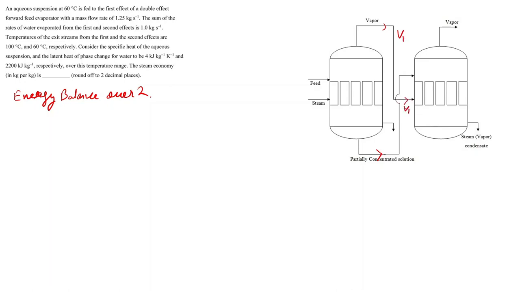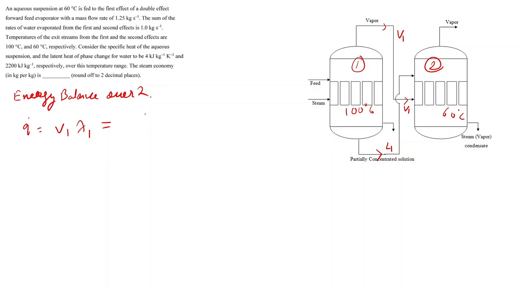Okay, so we can write Q is equal to V1 into lambda 1 is equal to, now the feed rate will be at the outlet of this first evaporator, and that will be L1. The temperature over here was 100 degrees Celsius, and over here it is 60 degrees Celsius.